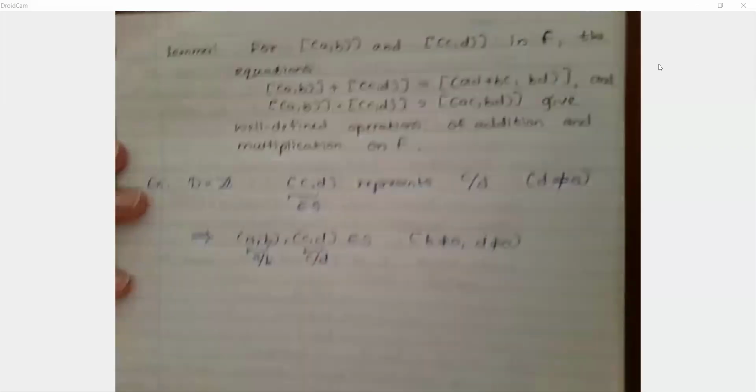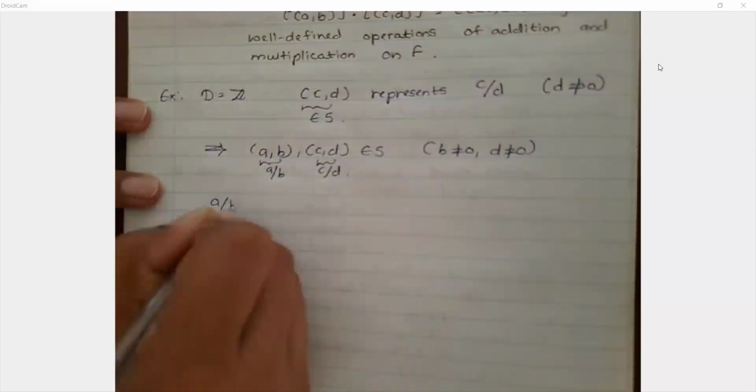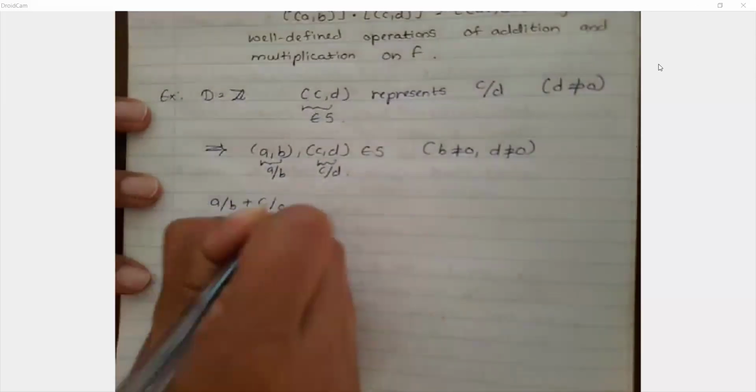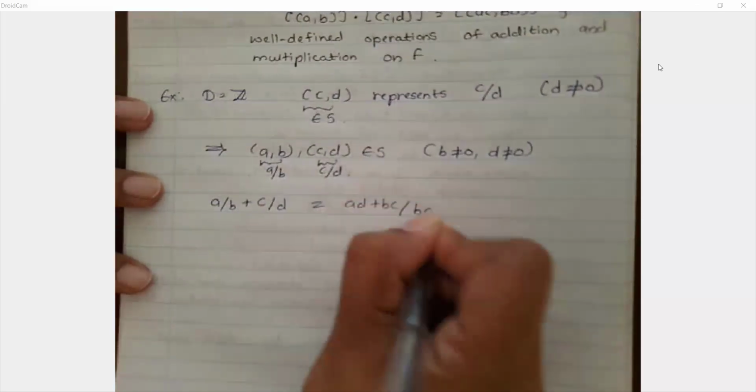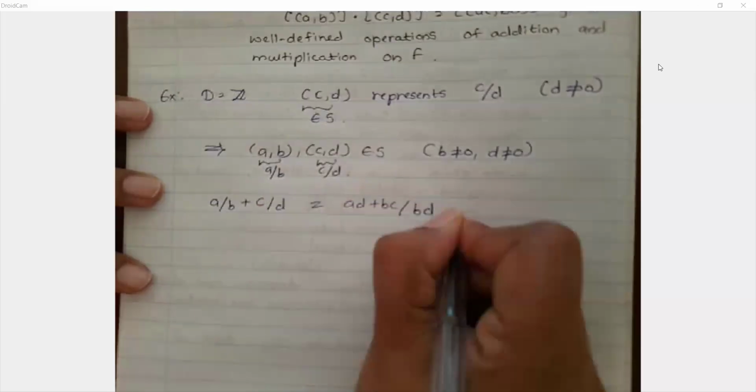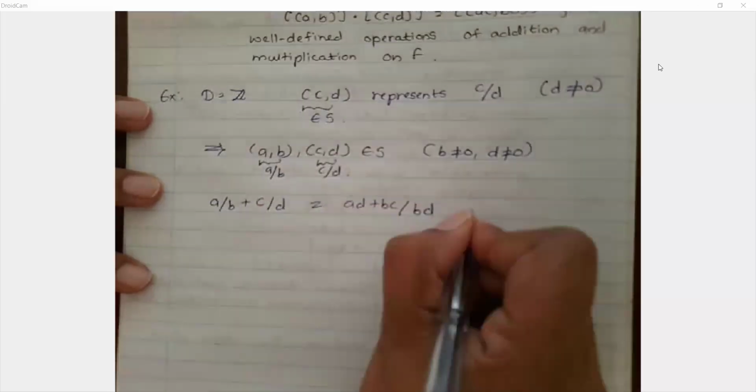Now, addition on Q is the usual addition we know. Let's add these two elements to see what happens. We have A over B plus C over D. This is equal to (AD + BC) over BD.